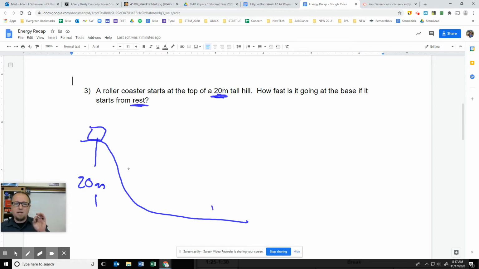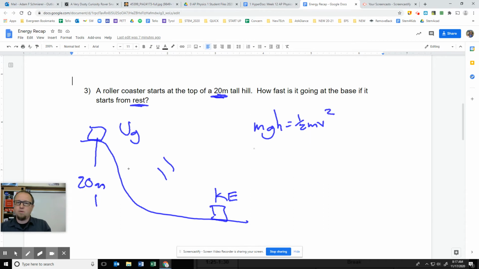Let's talk about what type of energy it has at the top, and what type of energy it has at the bottom. At the top, it's got gravitational energy because it's got height that it's going to transfer. It's not moving, so it doesn't have any kinetic. At the bottom, though, it's moving. So I can set those equal. So mgh equals 1/2 mv squared. Oh, I didn't give you the mass of the roller coaster.